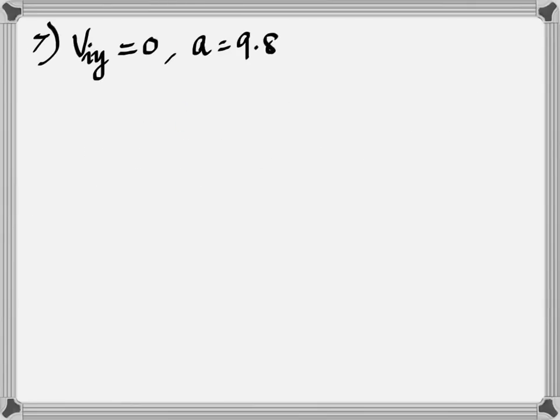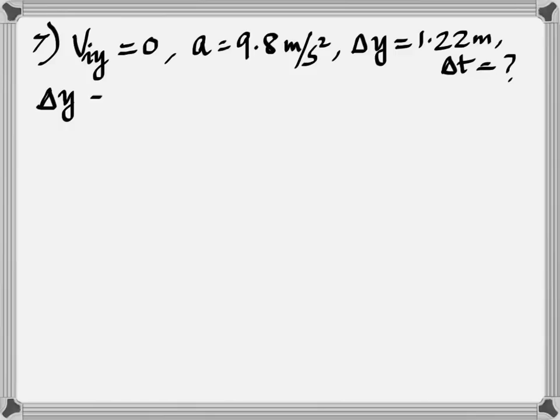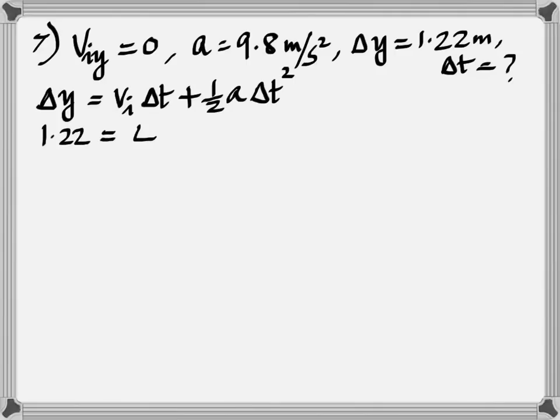In 7, the initial vertical velocity is 0 and delta y is 1.22. So use the equation to calculate time.